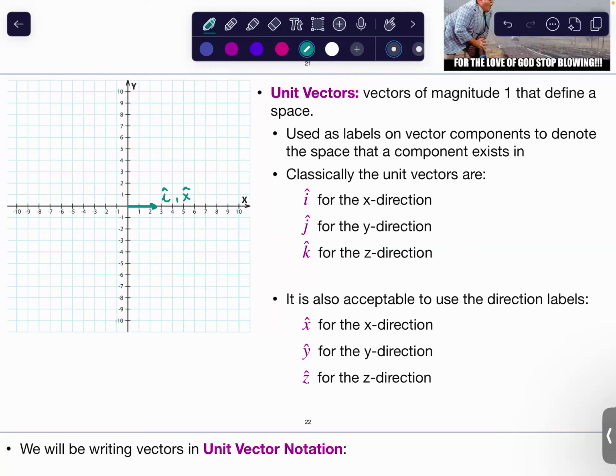Same thing, a tiny little vector there, j hat or y hat. Again, if you don't want to remember i, j, and k, you can go ahead and use x, y, and z. And we're going to get to what's called unit vector notation.